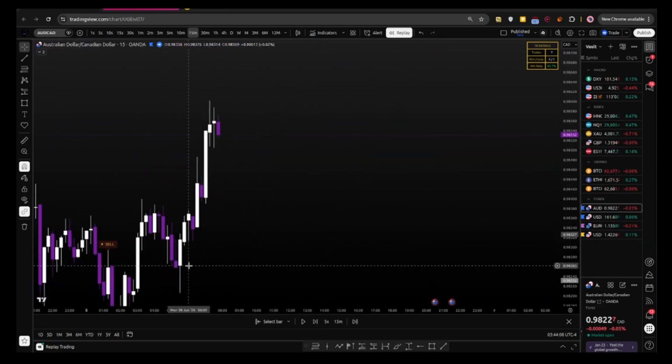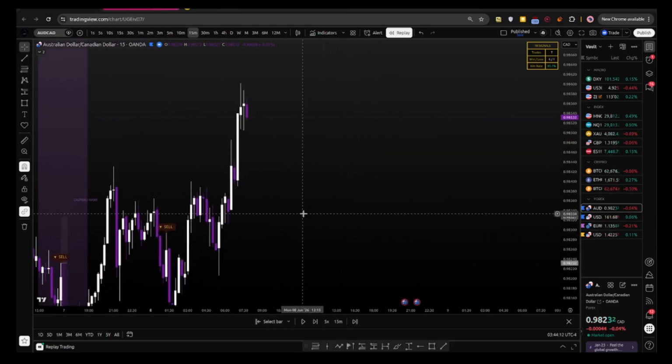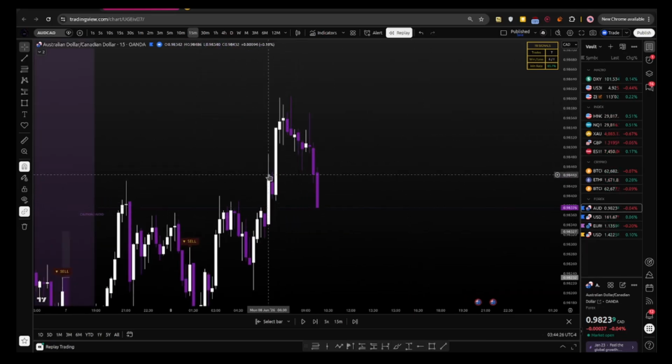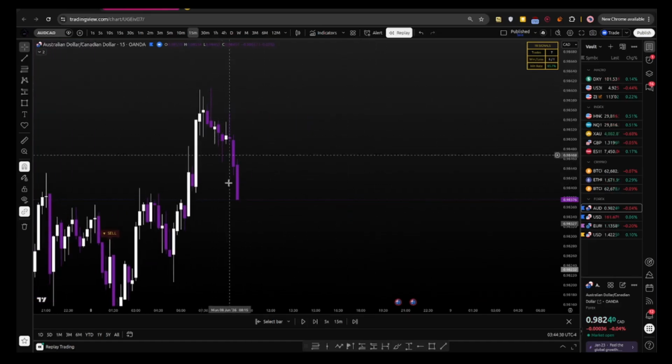Now, if there were some long signals here, I would have been interested, but we didn't get that, which is fine. See, we had a body close here, so we got the inverse or some potential structure break, right? This is the advanced market structure I teach, and that is also liquidity. Now, if I get a sell signal, it's even more confluence.